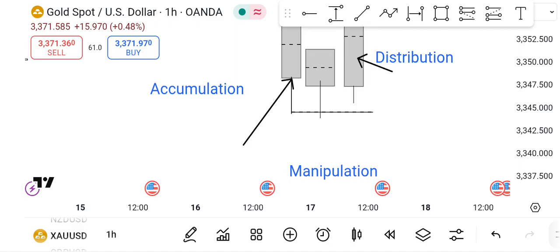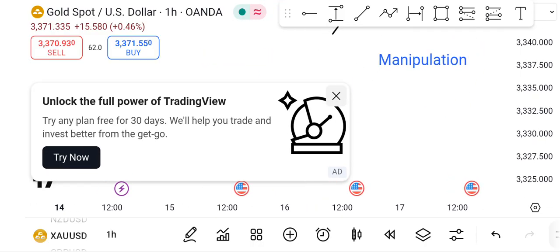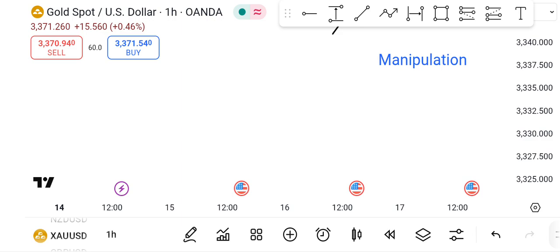There are various levels that support the CRT pattern. So the first key level is support and resistance.